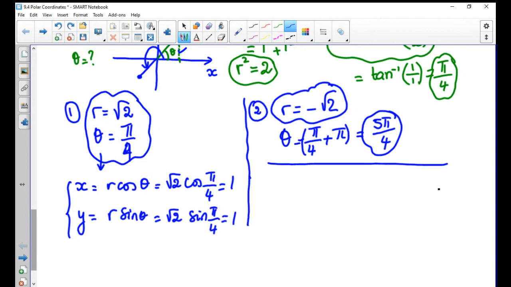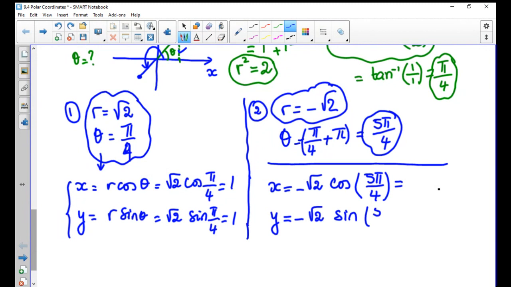In the other representation, x will be minus square root of 2 cosine of 5 pi over 4. Check your calculator, you should get 1. And y is minus square root of 2 sine of 5 pi over 4, and again it's going to give you 1.